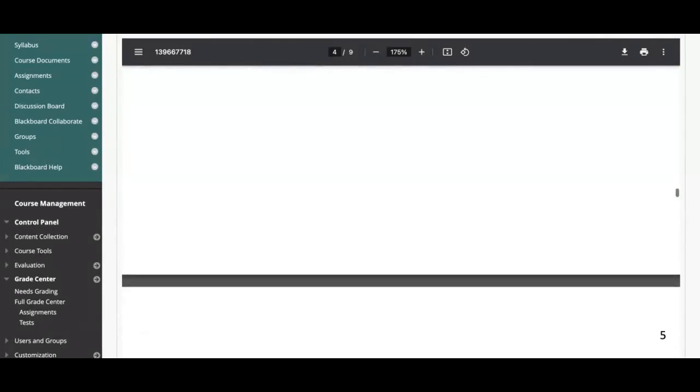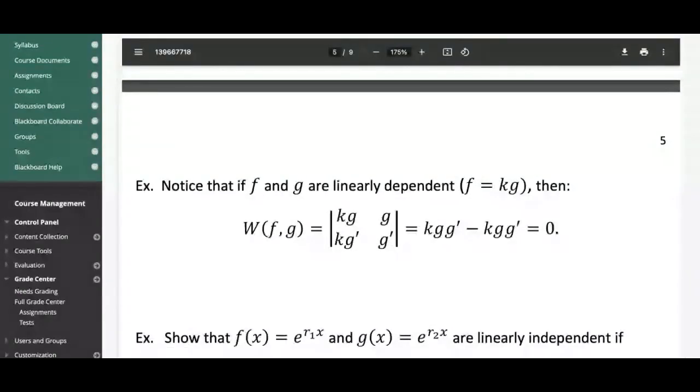So the Wronskian. Notice that if f, g are not linearly independent, because usually we don't use the term linearly dependent. We say linearly independent or not linearly independent. I don't really usually use linearly dependent.